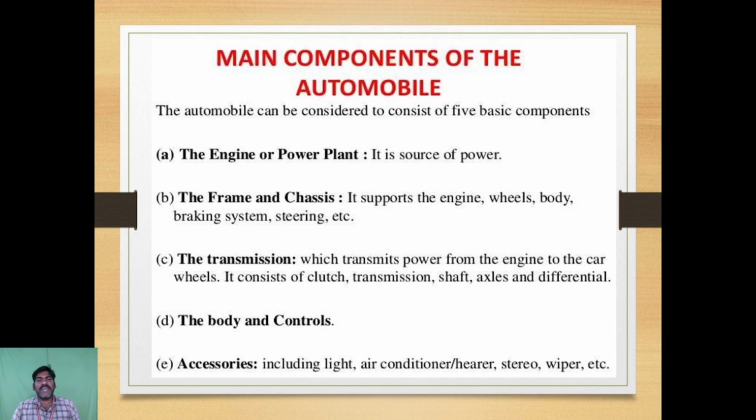Main components of the automobile. The automobile can be considered to consist of five basic components. First, the engine or power plant, which is the source of power. Second, the frame and chassis, which support the engine, wheels, body, braking system, steering, etc. Third, the transmission, which transmits power from the engine to the car wheels.